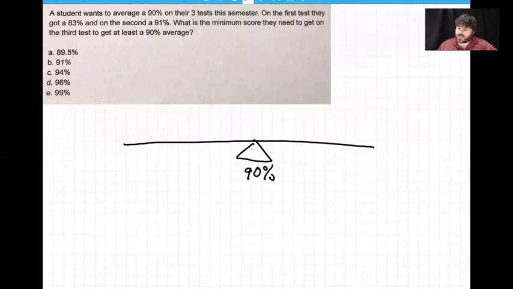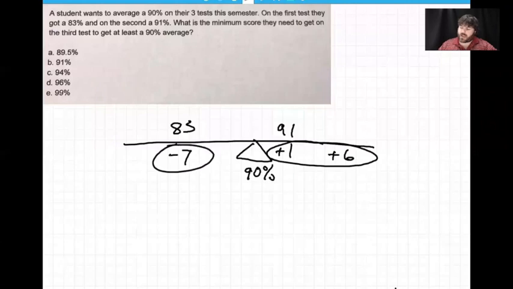Well, on one of the tests, I got an 83. That is down 7 from the average, 7 below the average. On the second test, I got a 91, which is 1 above the average. That means I need to have a score that has +6 because these need to sort of even out to balance out exactly at 90. So what number is 6 above the average? Well, it's 96. So 96 is going to be our answer choice. That's an easy way to do that problem.